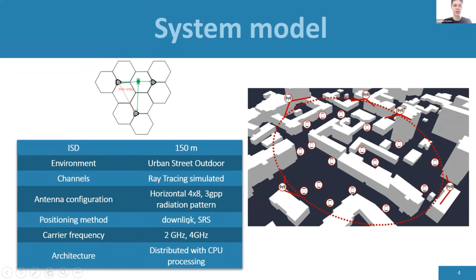Typical carrier frequencies are presented here, and most of the heavy processing is done by a CPU somewhere in the cloud. On the right side, you can see an example of the studied environment.